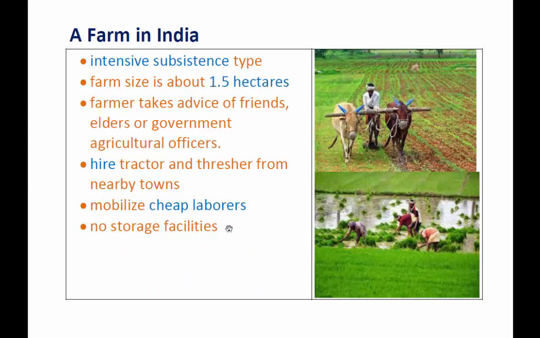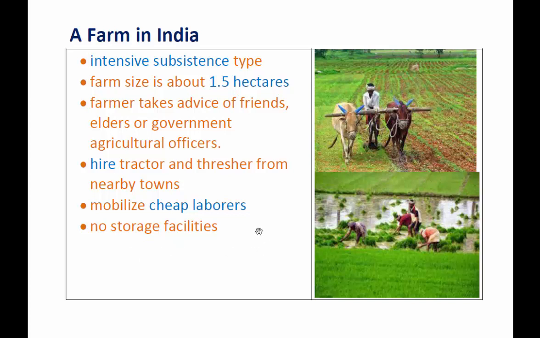So the grains or food crops kept in the open could be destroyed at any time, because of rain, because of sun, or by insects. So this is one of the disadvantages. India doesn't have storage facilities like the Americans.